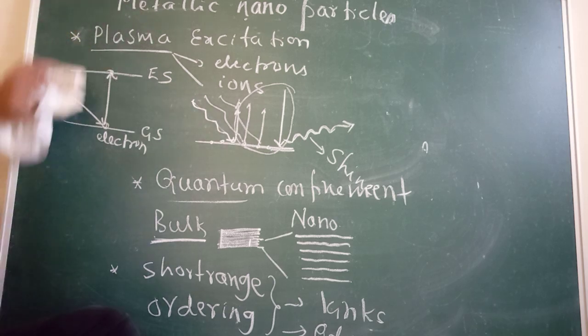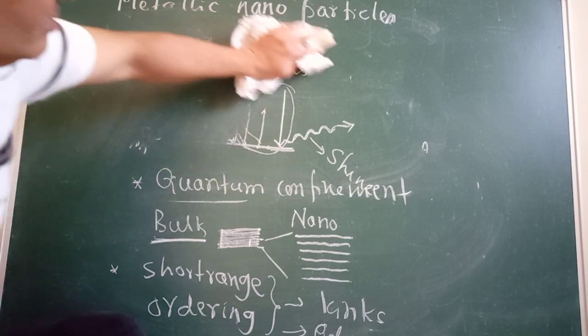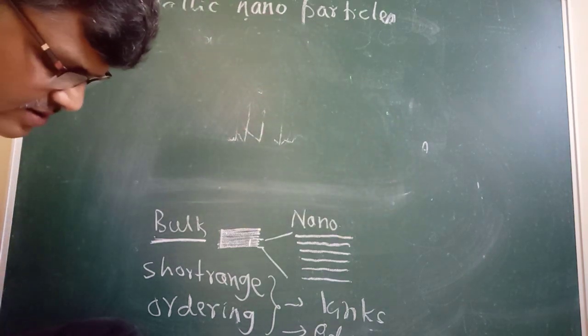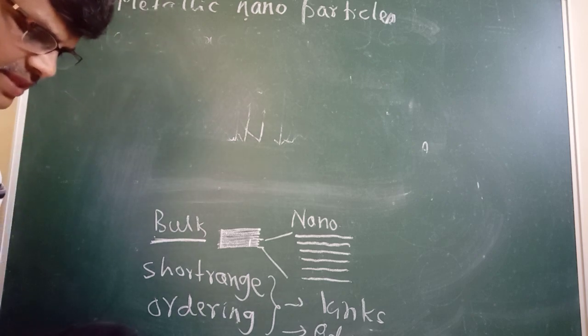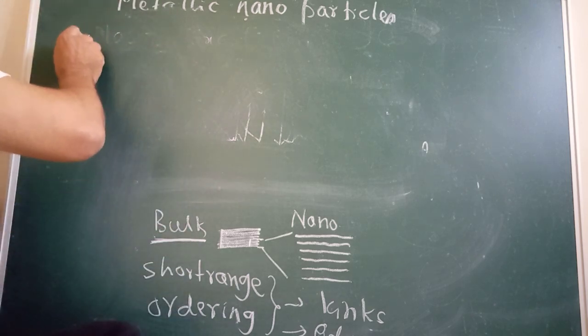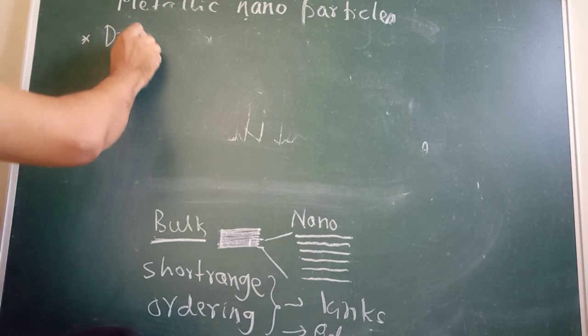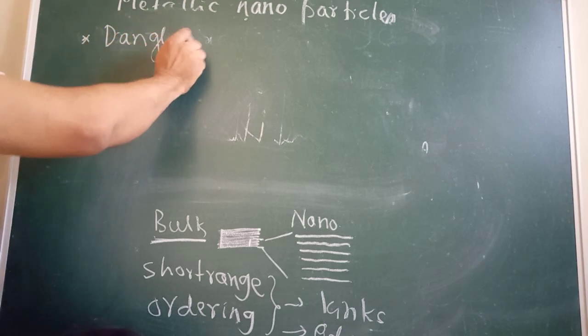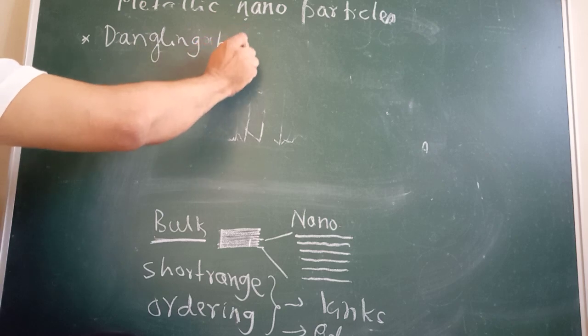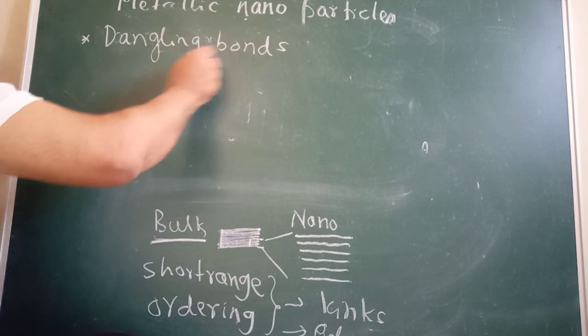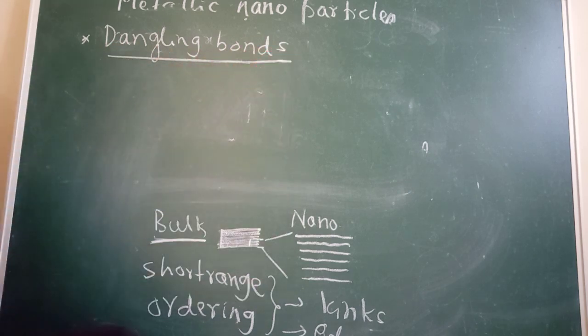Next, let us look at dangling bonds. These are characteristics of nanomaterials.